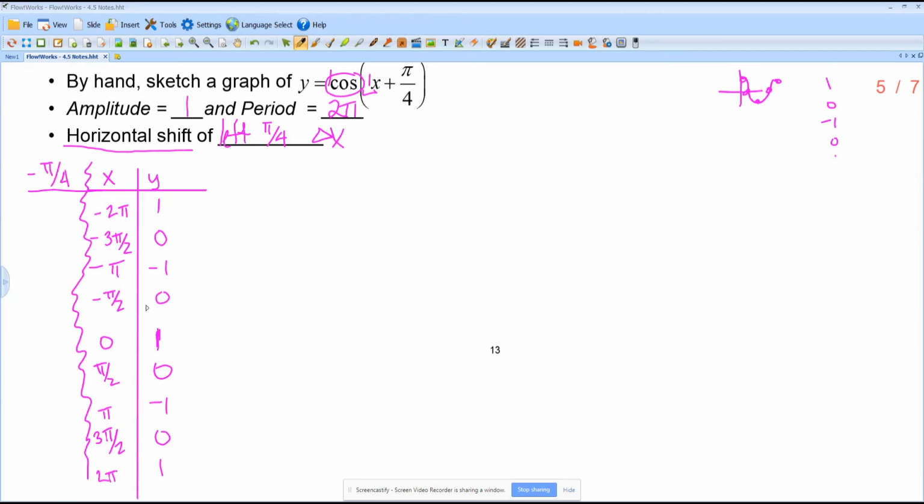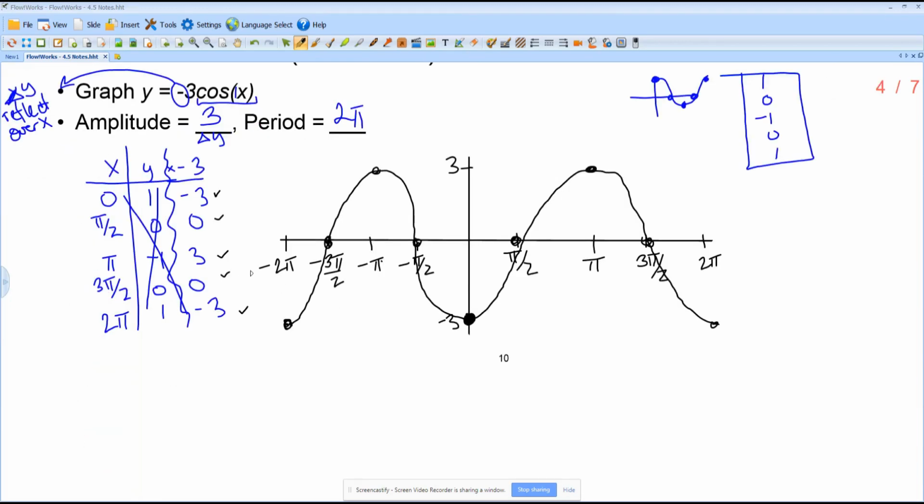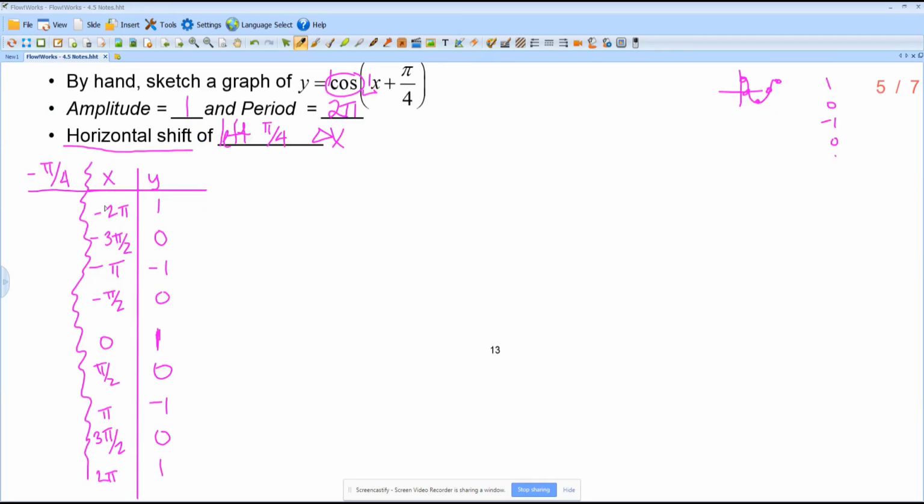And this is the reason that I wrote them all out: when we start dealing with these negative ones, that's where people make a mistake. Because what's not going to happen is you're not going to have the same numbers on the left and right. You're going to have more numbers on one side. So if I do -2 pi minus pi fourths, I get -9 pi fourths. This is 8 pi fourths minus 1.